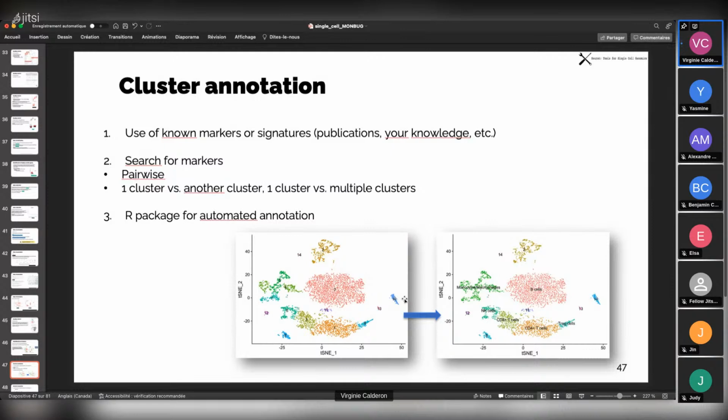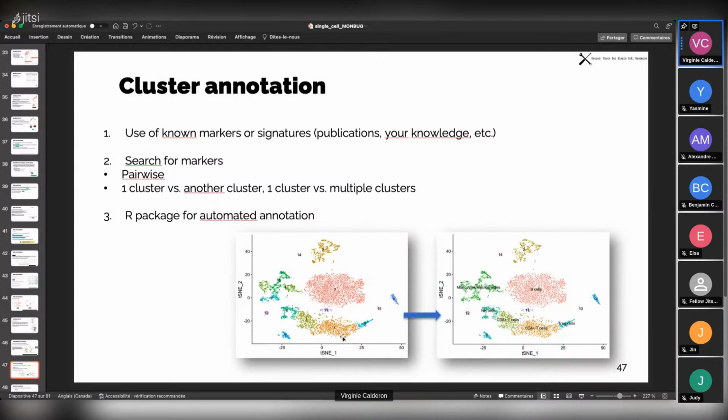The other option is to use an approach to compare and to detect new markers. So you can try to identify markers for each cluster in a pairwise way. For example, you can compare cluster 1 and cluster 0, or cluster 1 against all the other cells, to see what is specific to this cluster.